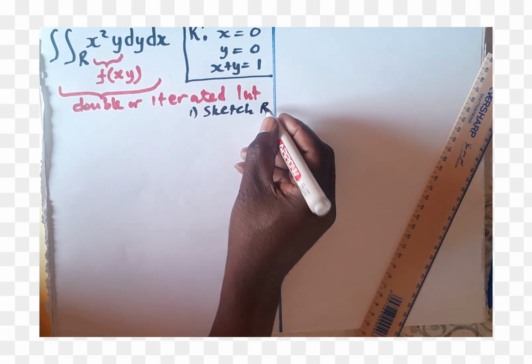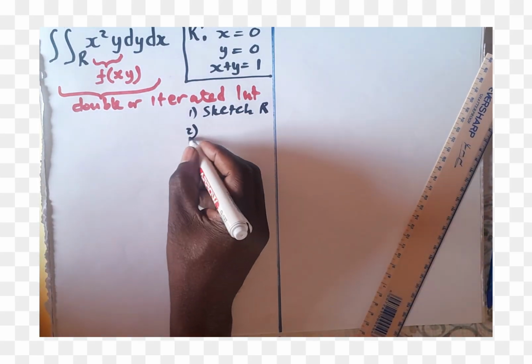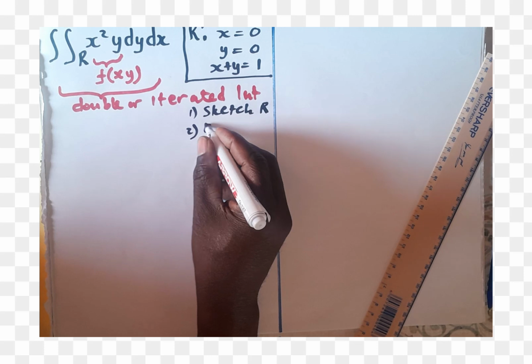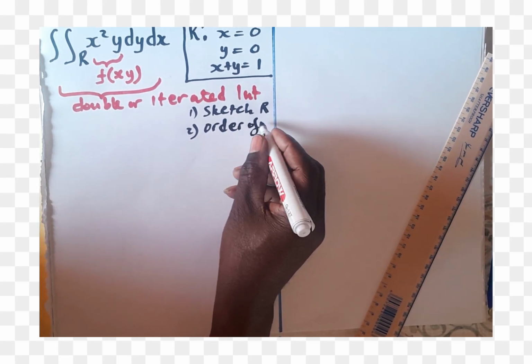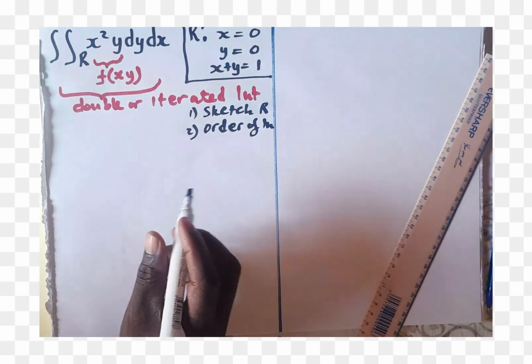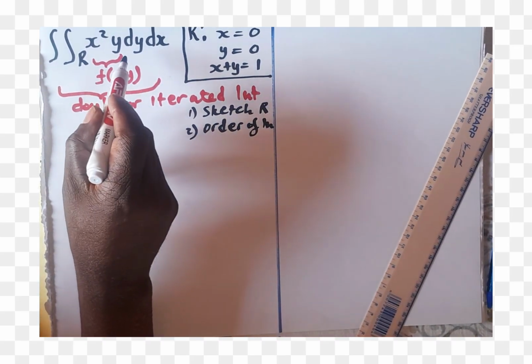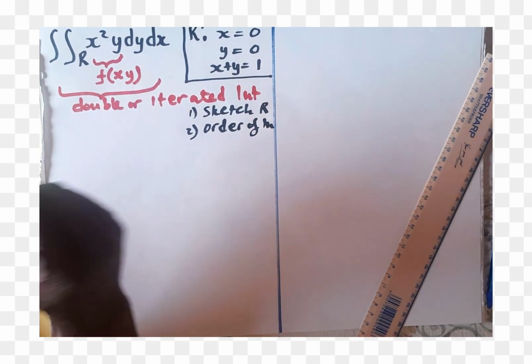We're going to sketch R. Step number 2, we are going to decide the order of integration. By this, we mean we are going to choose whether we want to integrate first with respect to y or integrate first with respect to x.